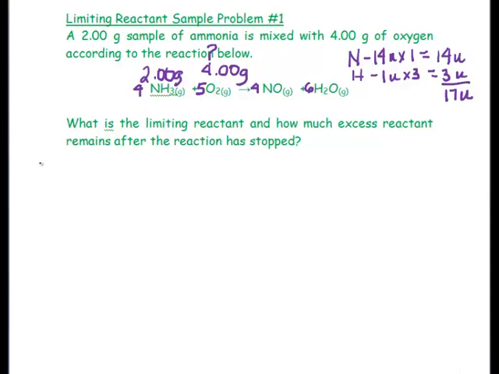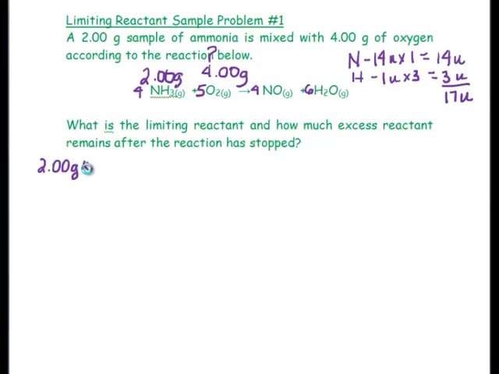And here's what that calculation is going to look like. We're going to start with our 2.00 grams of ammonia. As always, we're going to convert to moles. 1 mole of ammonia is 17 grams. What comes next in all of these problems? Well, it's always the mole ratio step.